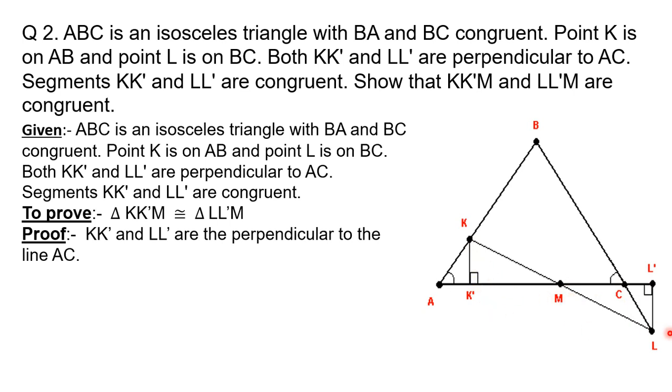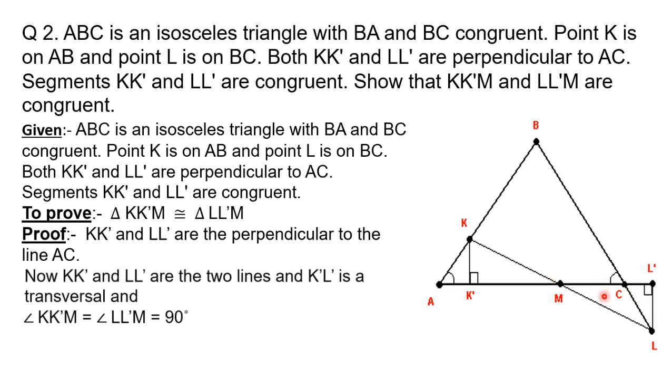KK' and LL' are the perpendiculars to the line AC, that is, KK' and LL' are two lines and K'L' is a transversal. So we have angle KK'M and angle LL'M. These two angles are 90 degrees.